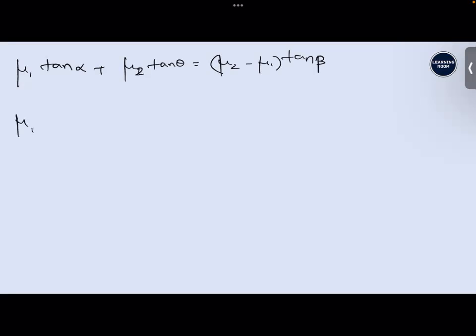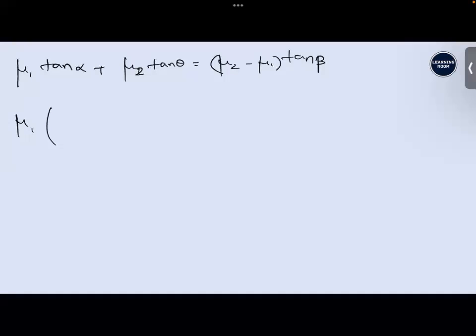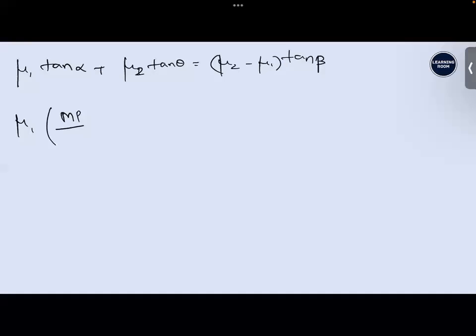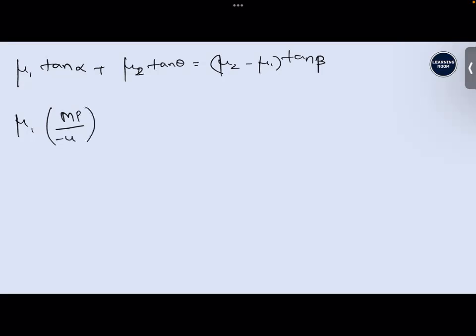So mu1 into, from the diagram, tell me what is tan alpha. MP by, okay. So this is where you need to be careful. MP is okay. U is on the left of P. So you need to apply the sign convention. Minus U plus mu2 into what is tan theta?